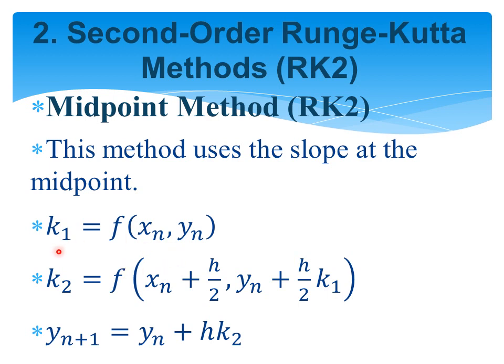If we start with the initial value, then we put n = 0, it means x0 and y0. Same process, k2 we will find. The formula is given.